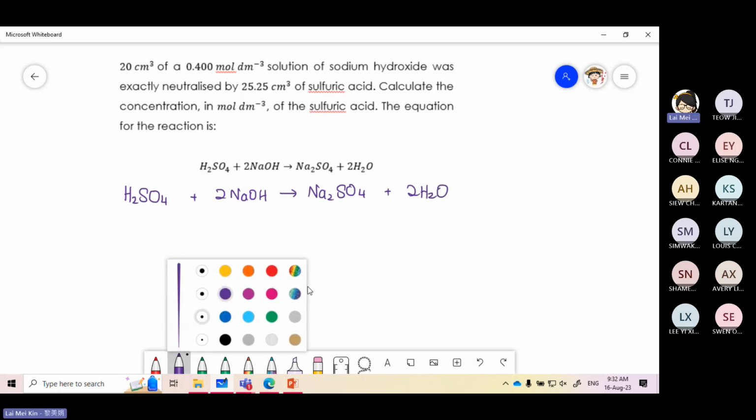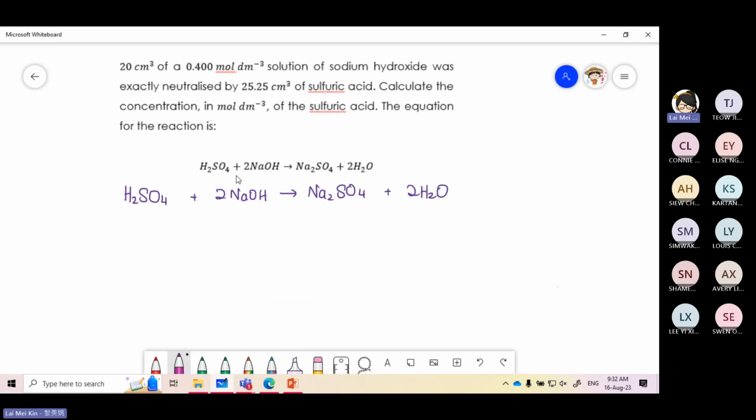Okay, so let's go back. The same procedures. I have the volume, and this is molarity. How do you identify? From the unit. This is sodium hydroxide. So let's plug in the values. Volume is 20 centimeter cube.